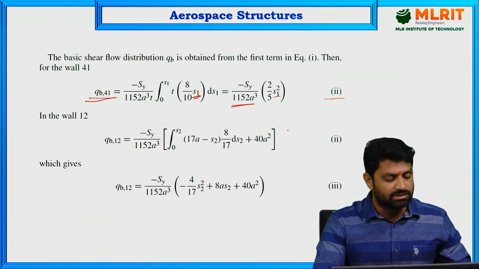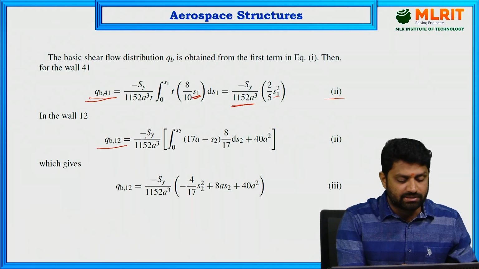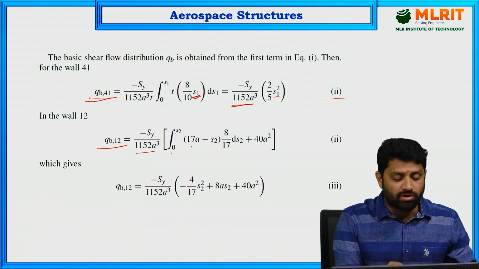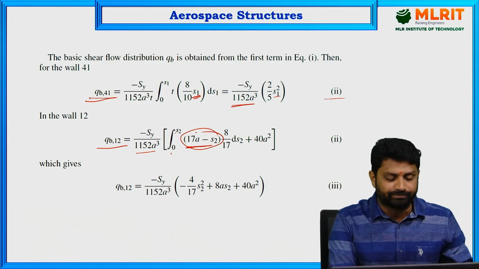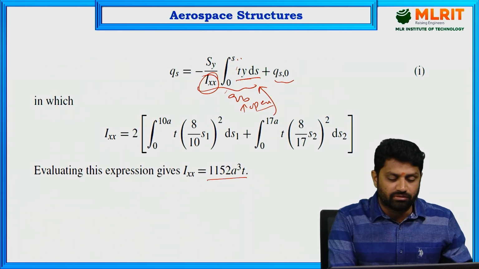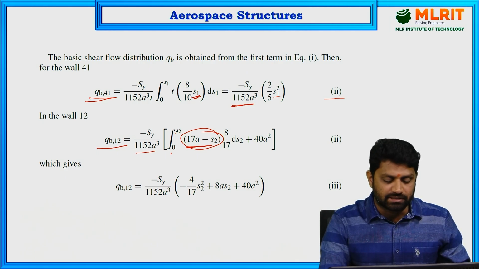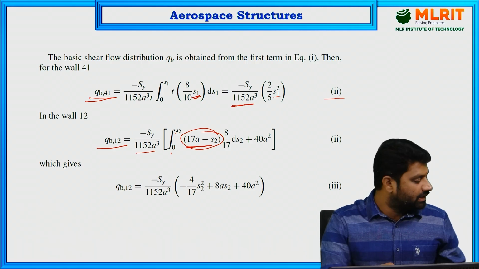For that s2, same thing, you substitute minus Sy by 1152 a cube, integral 0 to s2, and what you have to substitute in place of y is very, very important, because in the formula we got y ds. It is very important to understand this.